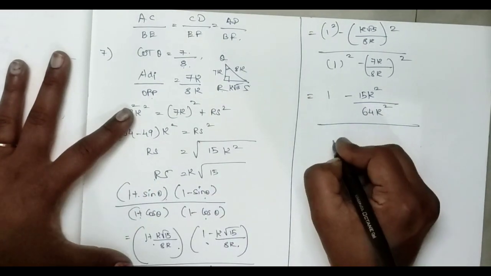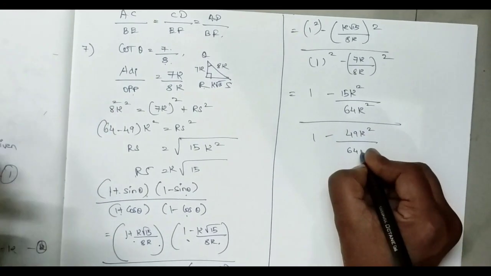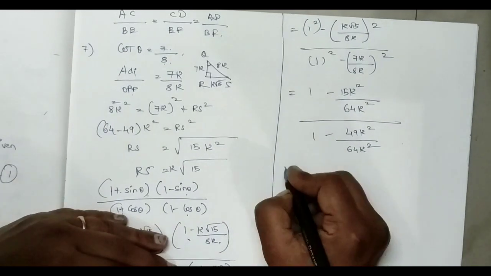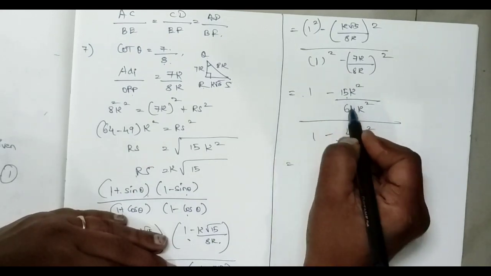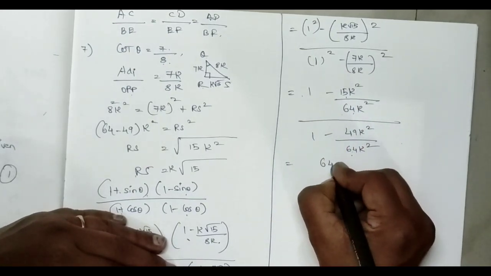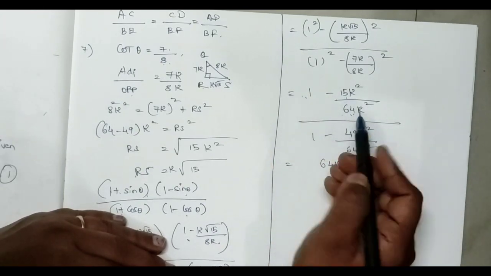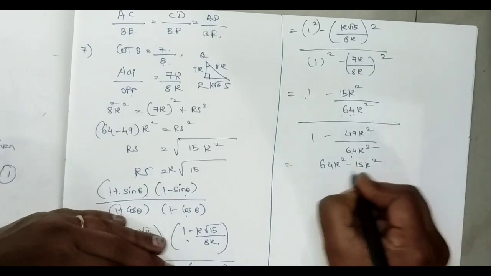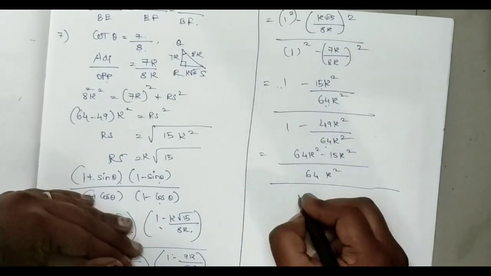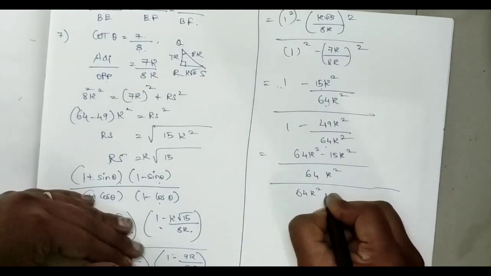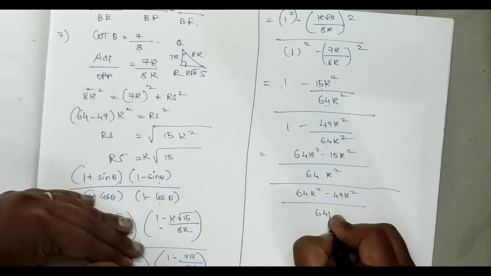Am I right? 1 minus 49 k square divided by 64 k square. Taking LCM, 1 into 64k square will be 64k square minus 15k square divided by 64k square, whole divided by 64k square minus 49k square divided by 64k square.